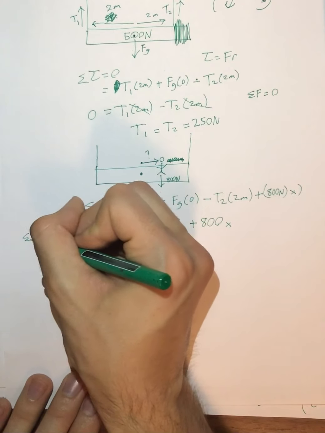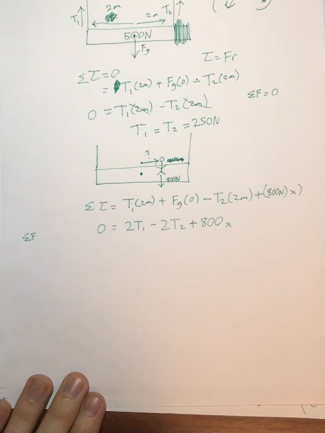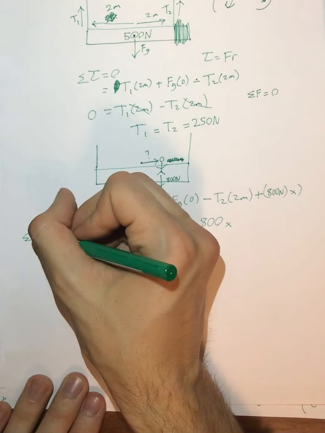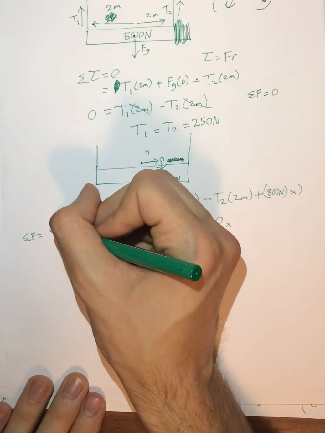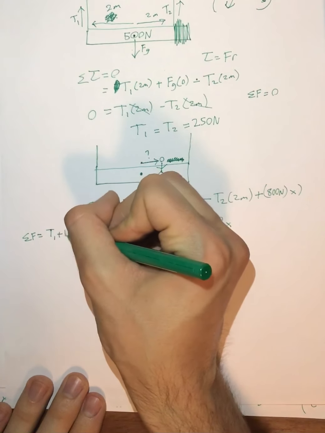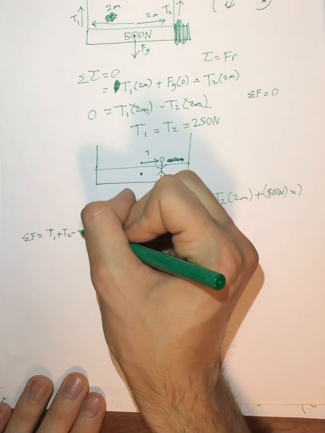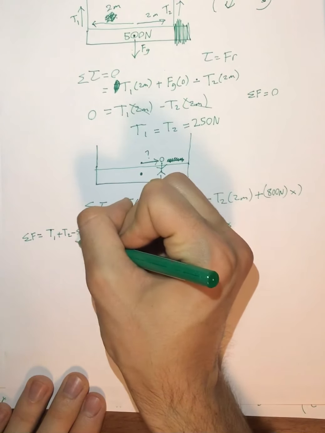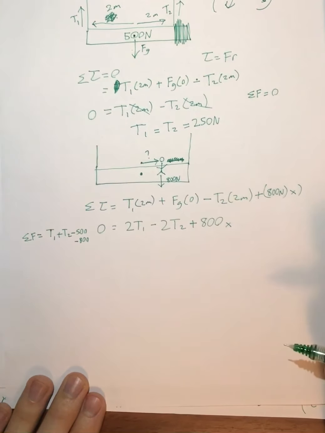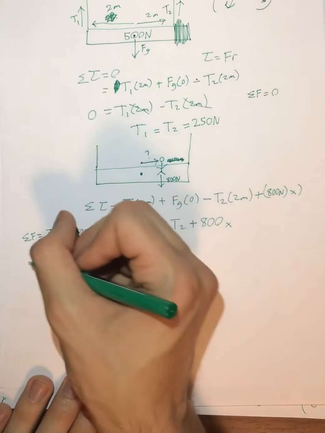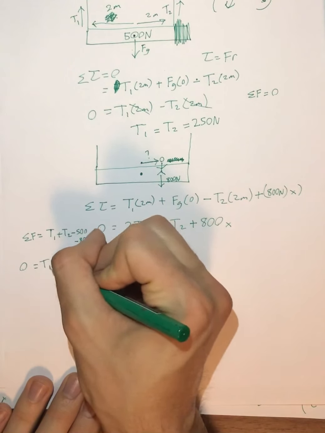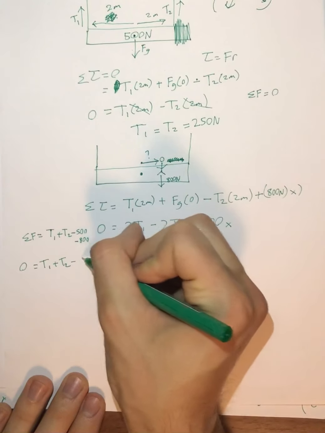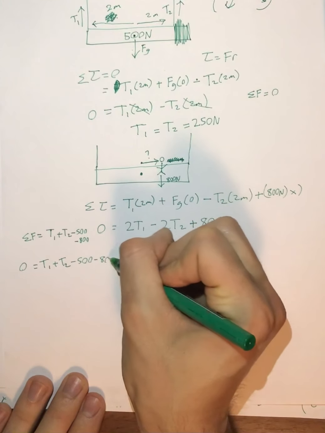So net force needs to be equal to T1 plus T2 minus the 500 minus the 800. Okay? So 0 is equal to T1 plus T2 minus 500 minus 800.